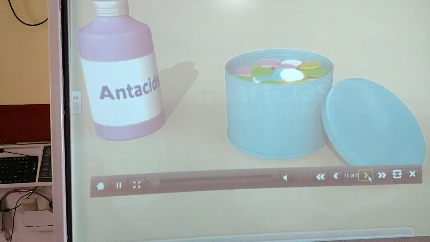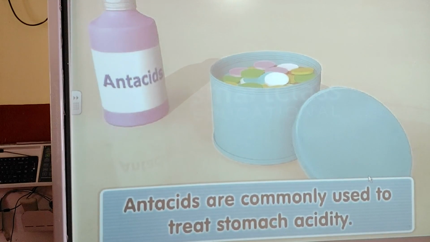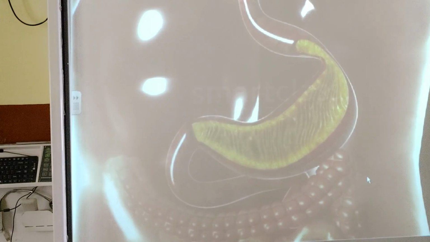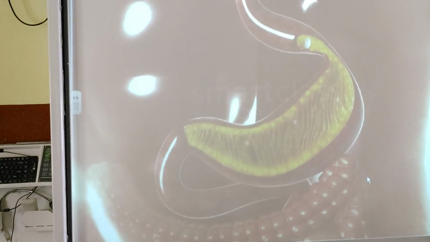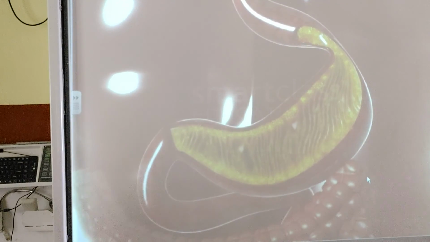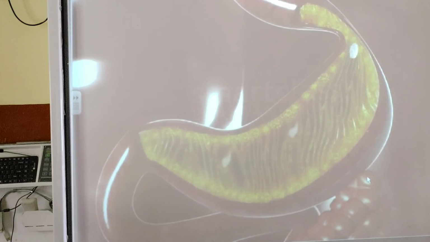Antacids are commonly used to treat stomach acidity. But did you know how antacids work? Well, our stomach contains hydrochloric acid for digestion of food. An increased level of hydrochloric acid in the stomach causes acidity.